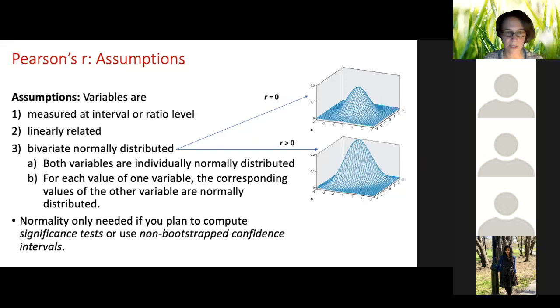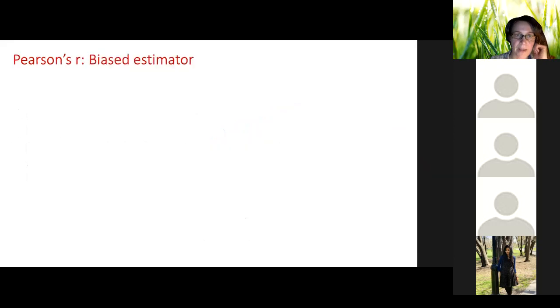But you cannot use Fisher's R to Z transformation to get a normally distributed test statistic, or the t distribution, if you have strong deviations from the normal distribution.